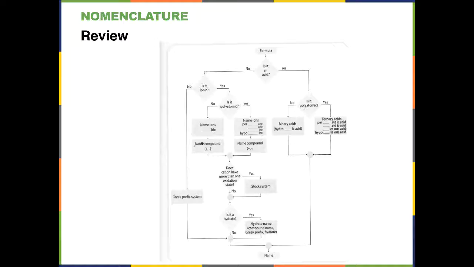If it is polyatomic, then there are 4 possibilities, depending on the polyatomic ion in the table. The maximum negative charge starts with per, so perchlorate, and you change perchlorate to perchloric acid. You change chlorate to chloric acid.